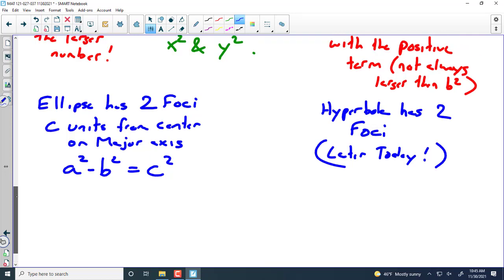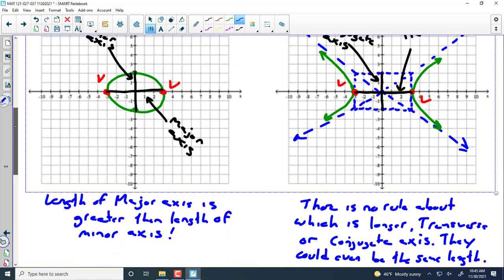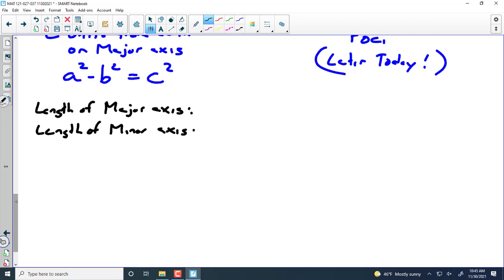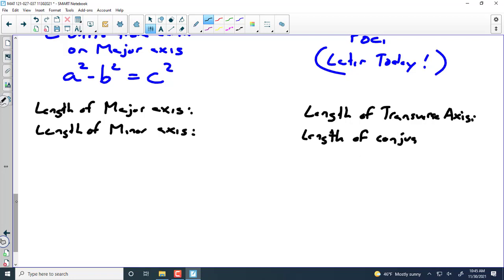I can tell you this, though, right now: length of major axis, length of minor axis, length of transverse axis, length of conjugate axis.